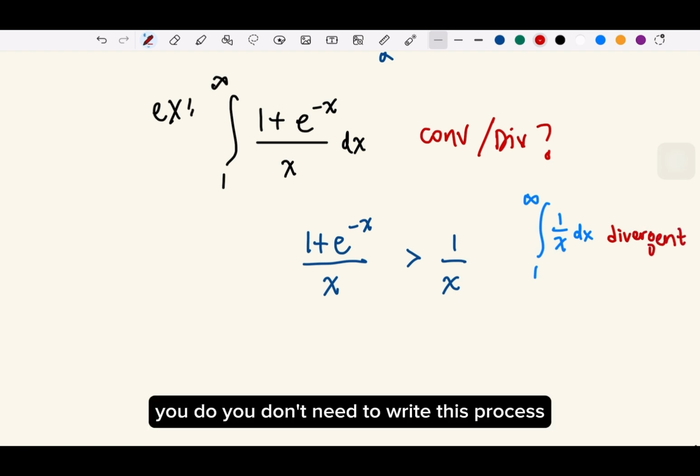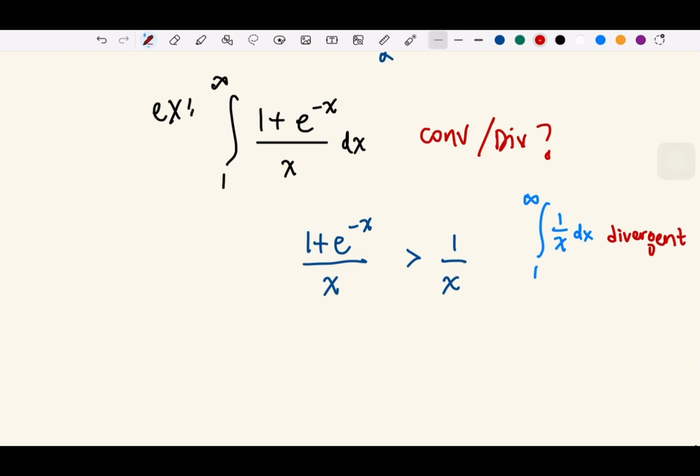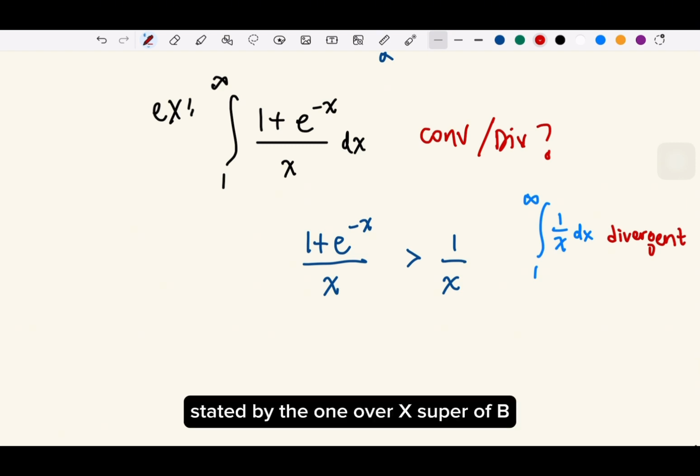You don't need to write the process again. Just state that this is already stated by the 1 over x to the power of p. This is 1 over x, and this will diverge.